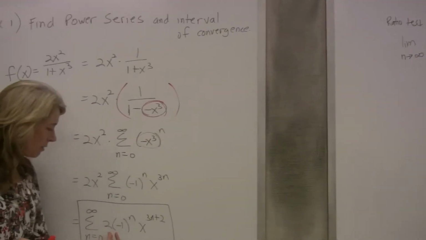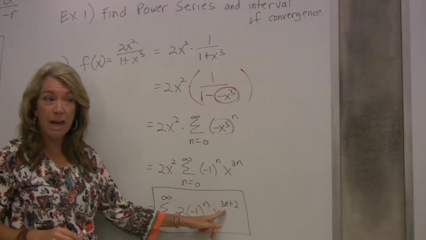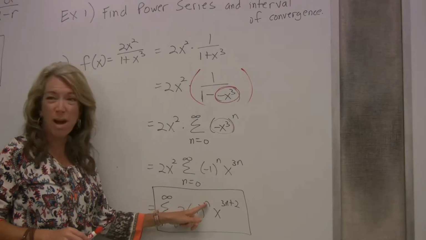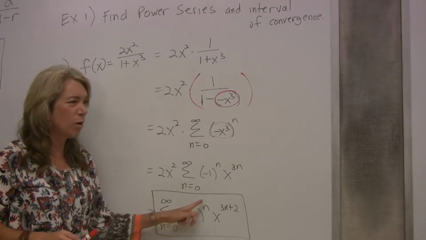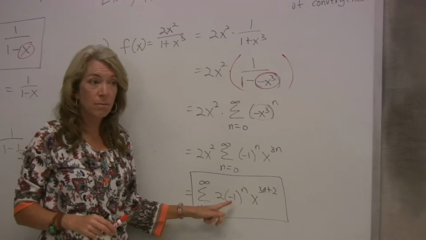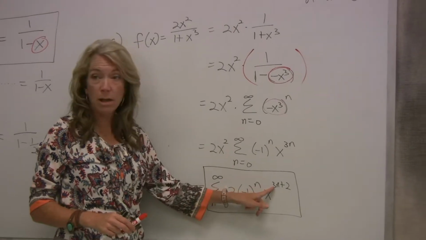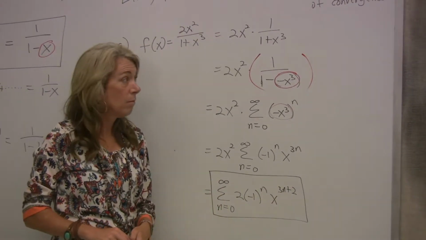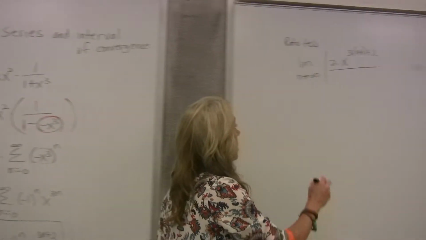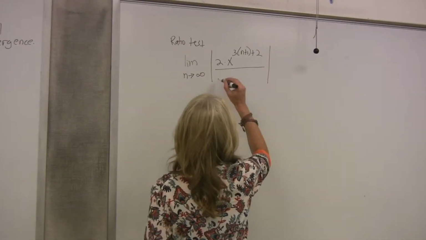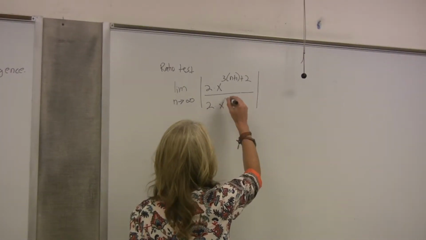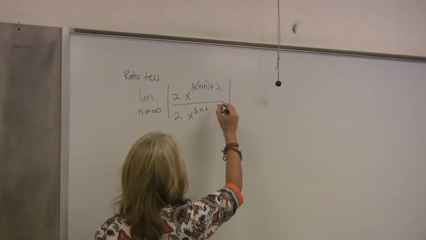So that is what happens when I plug n plus 1 in for my n. I've just dropped this -1 because that alternating part will go away when I take absolute values. You can see what I did there? Put the n plus 1 in there, divided by the nth term, which is 2 times x to the 3n plus 2.